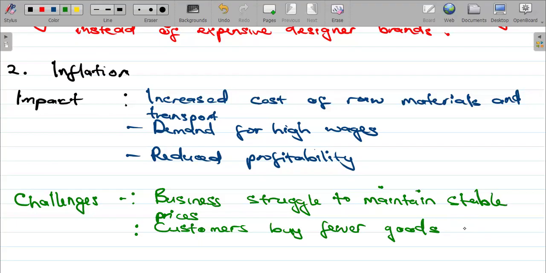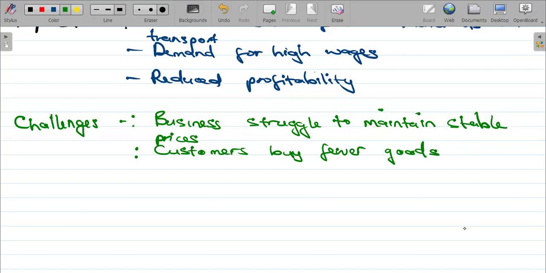Right. Let's talk about the business decisions on these challenges. So the business can increase selling prices, right? They can also reduce expenses and buy in bulk.